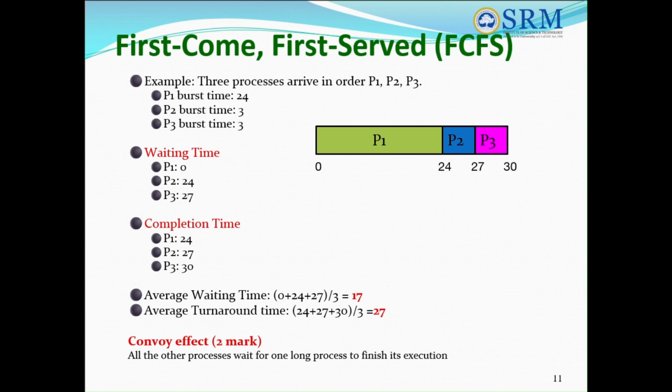Waiting time of P1 is 0; it needn't wait for any process and directly enters the processor for execution. If P2 wants to enter, it needs to wait for 24 seconds. P3 needs to wait for 27 seconds.